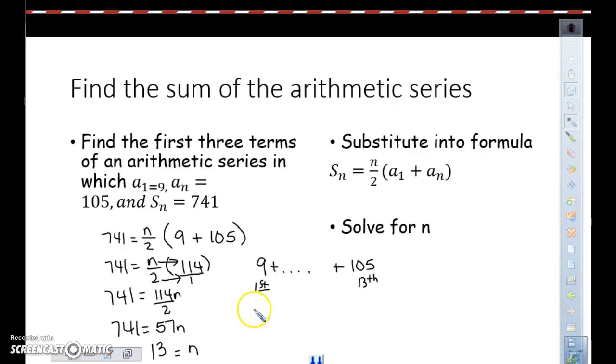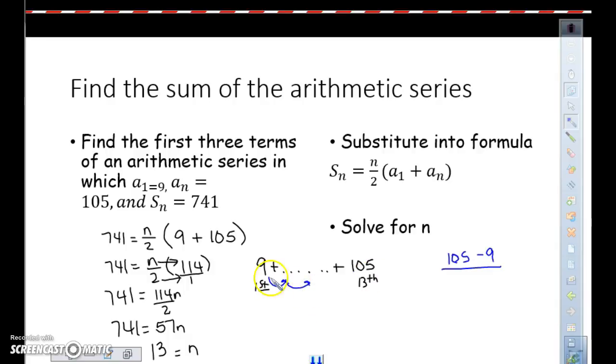So from yesterday, since it's arithmetic, if we want to find these missing terms, what we can do is subtract the last minus the first. And then how many times are we going to have to jump to get to the next term?